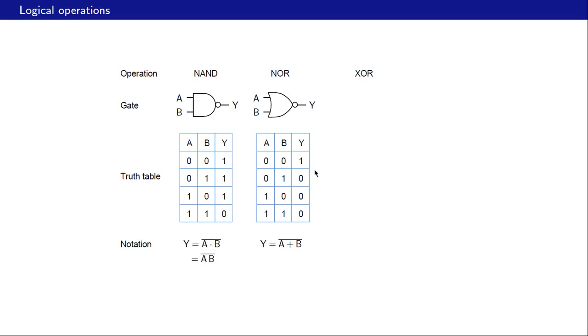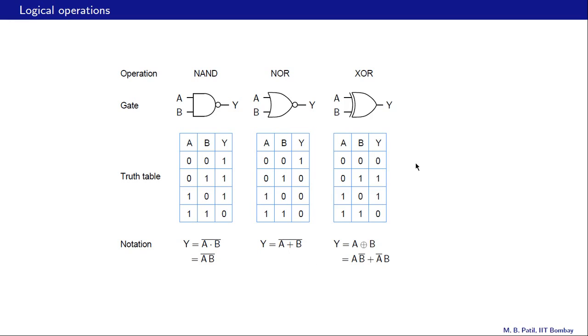For OR we had 0, 1, 1, 1, and for the NOR operation we have 1, 0, 0, 0. And this is how we represent the NOR operation, y equal to a or b and then a bar on top to represent the NOT operation.